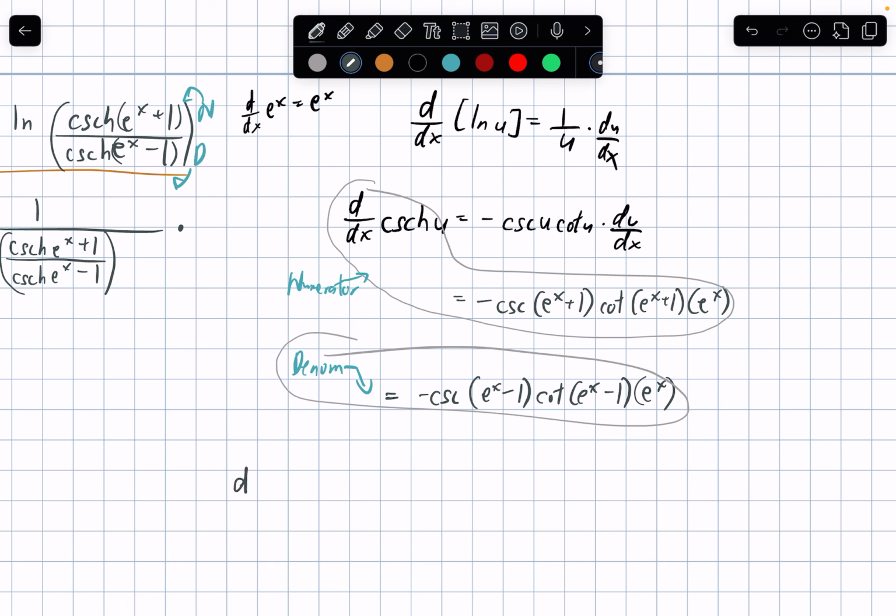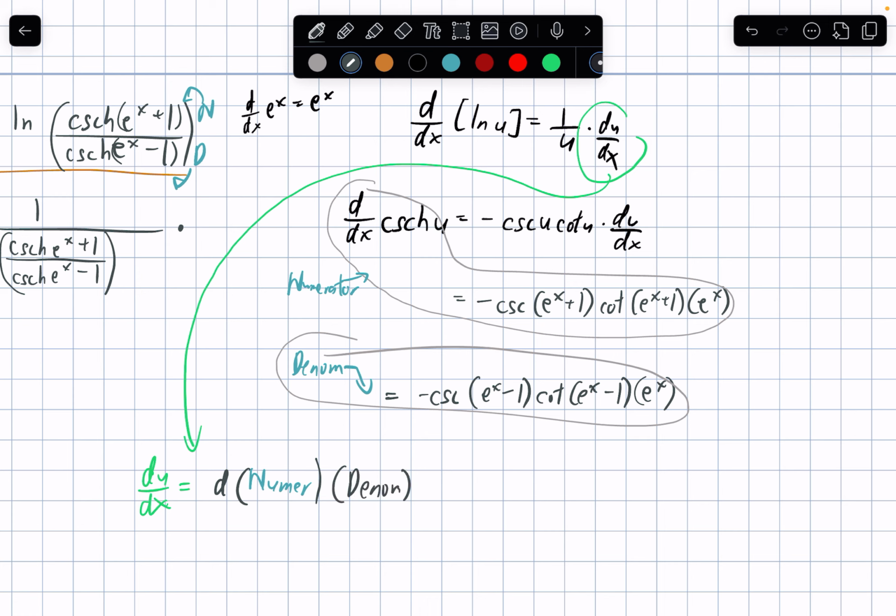So derivative of the numerator times the denominator minus the numerator times the derivative of the denominator divided by the denominator raised to 2.